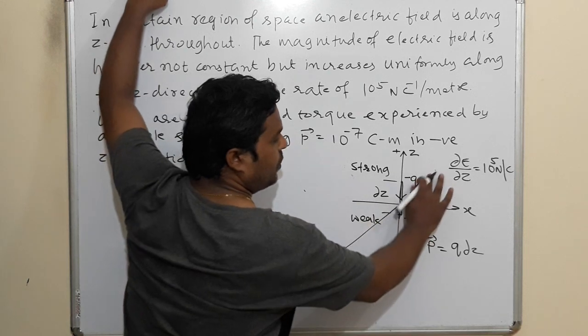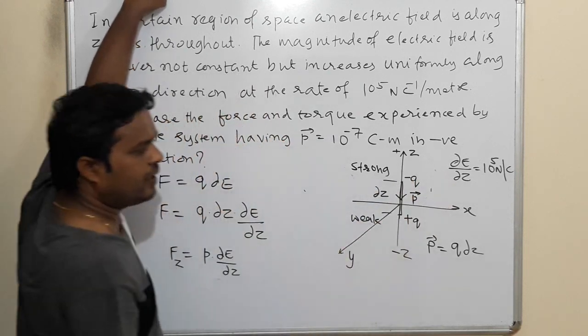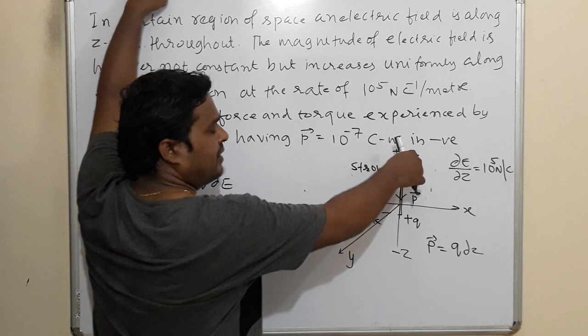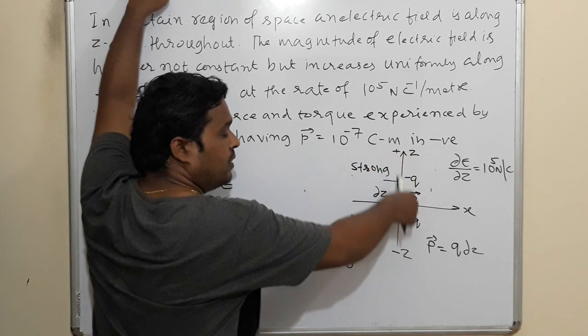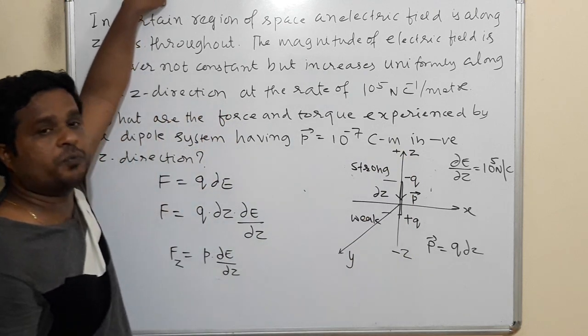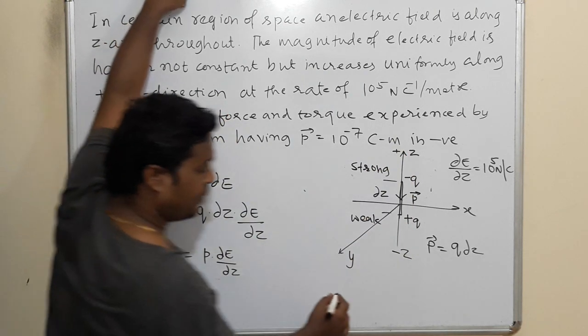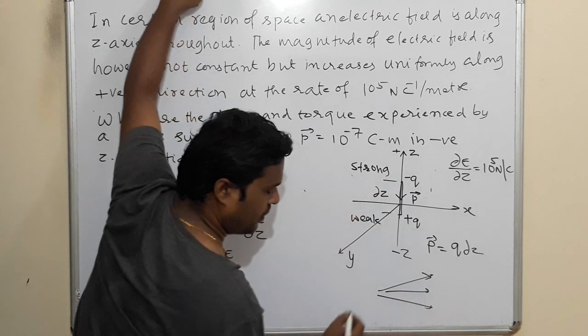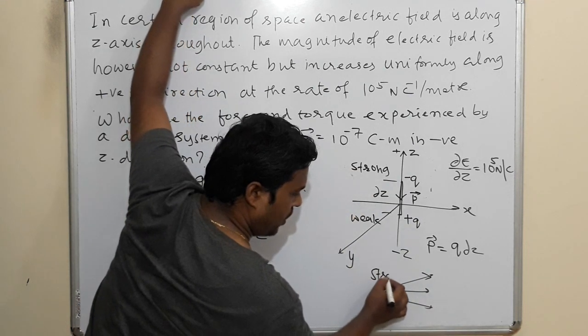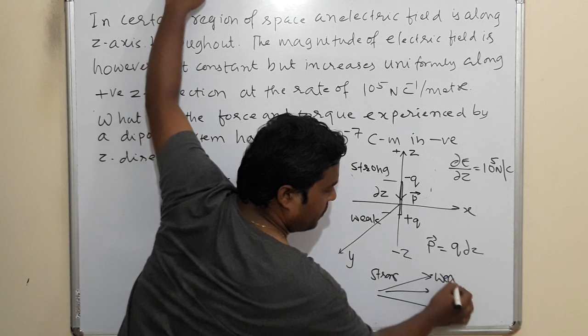That means when P is anti-parallel to E, the dipole moves towards the weak field region. Remember, this is a non-uniform electric field, this is the strong field, this is the weak field.